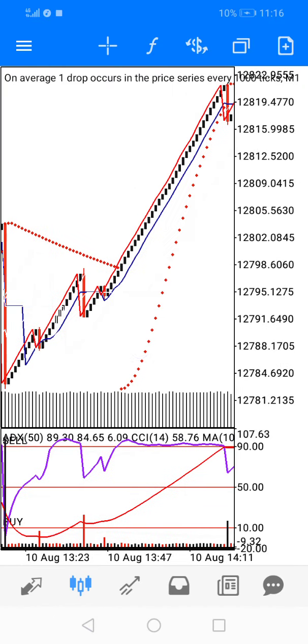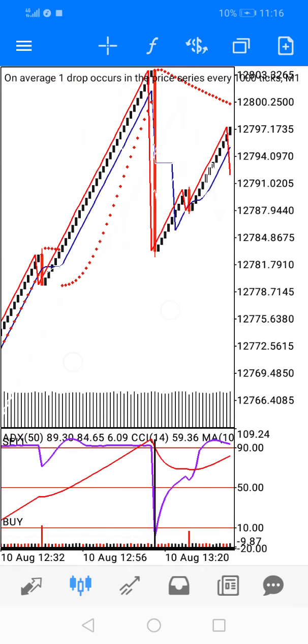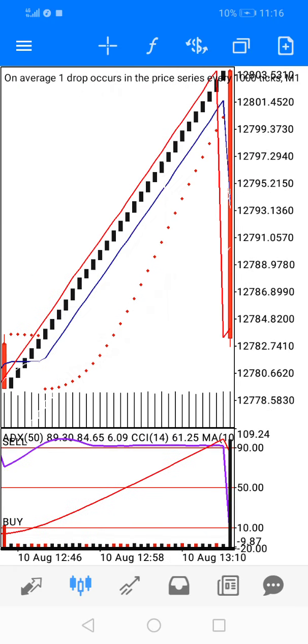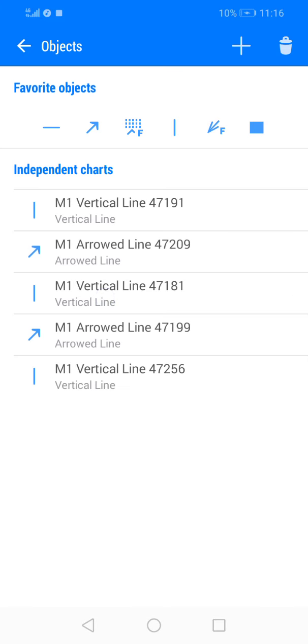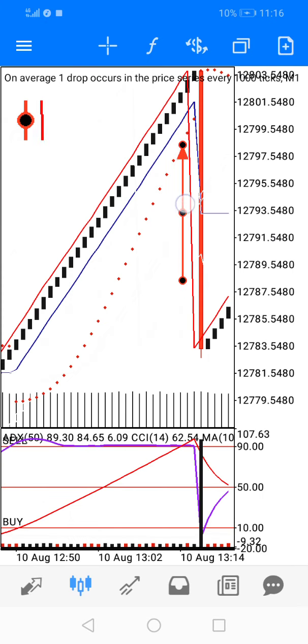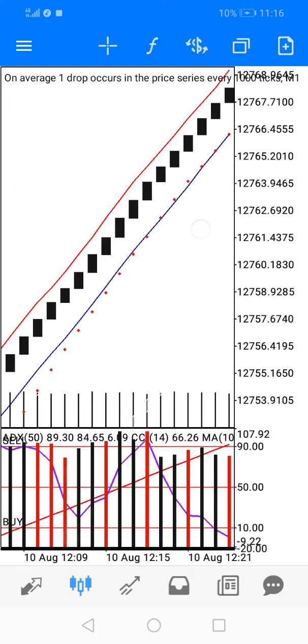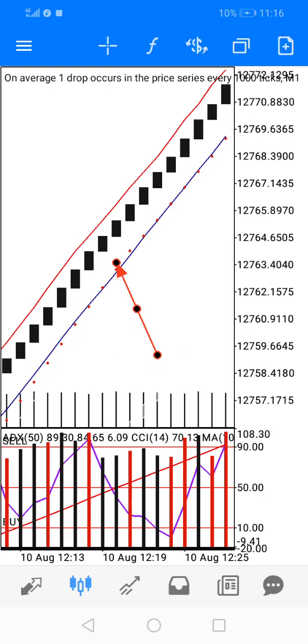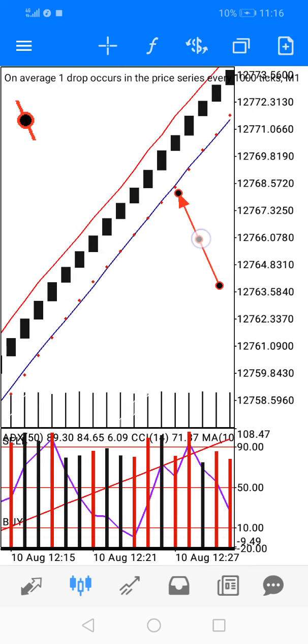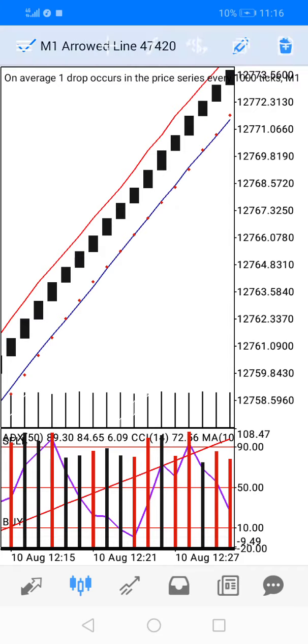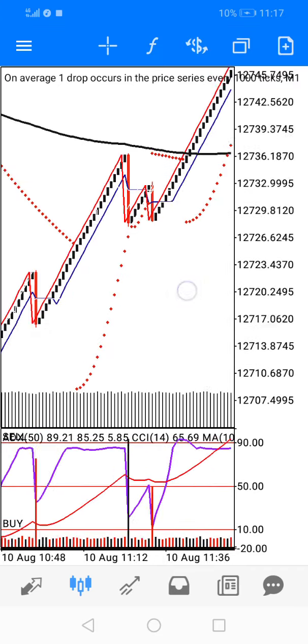Then when you see the parabolic SAR moving like this, it's moving away from it. As long as it doesn't touch this blue moving average, it's safe to trade spikes. But when you see the parabolic SAR moving closer to the blue moving average, and it actually moves on top of it, just know that it's unsafe to trade a spike.